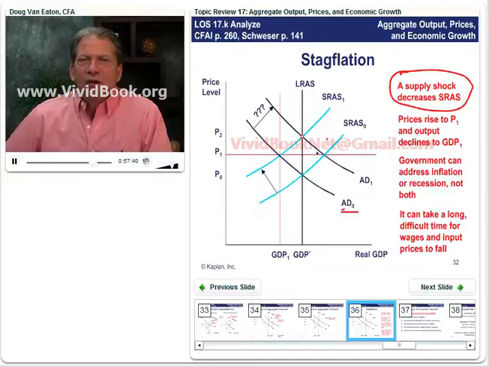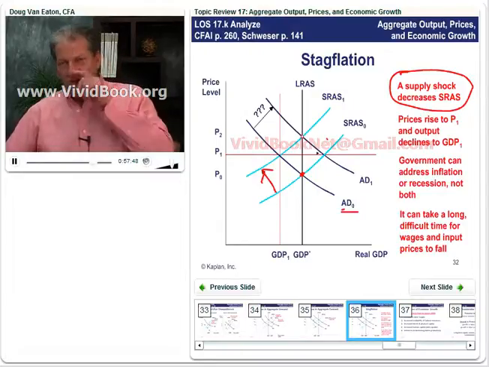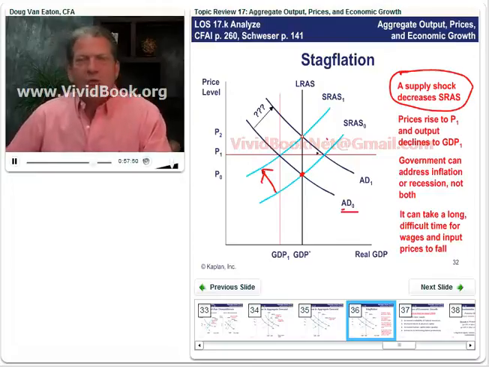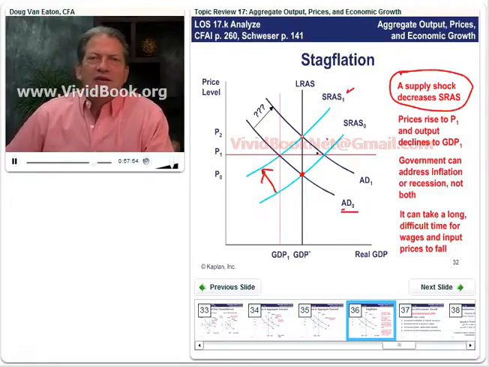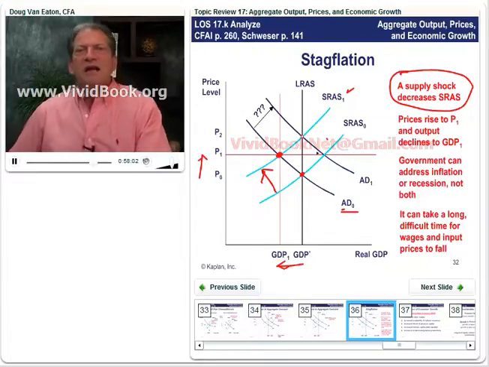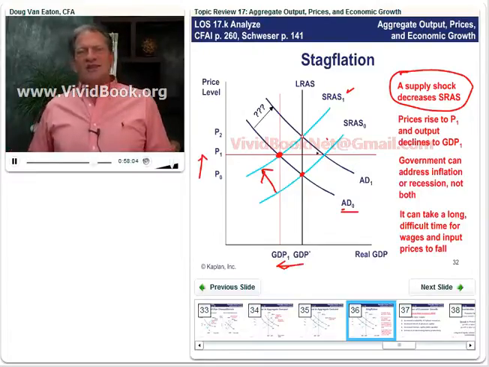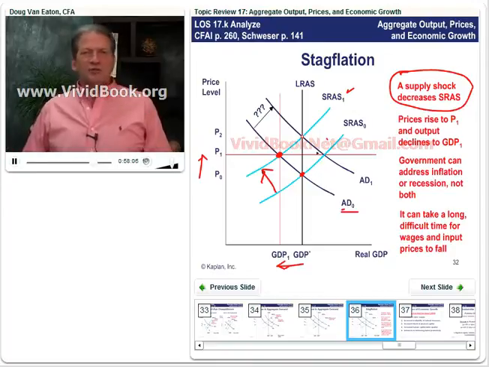We start here, and a supply shock decreases short-run aggregate supply, like an oil embargo, a sharp increase in the price of one productive input. That shifts this back, and we get to under full employment, but there's also been an increase in the price level. So output decreases, unemployment is rising, and yet the price level is rising as well.